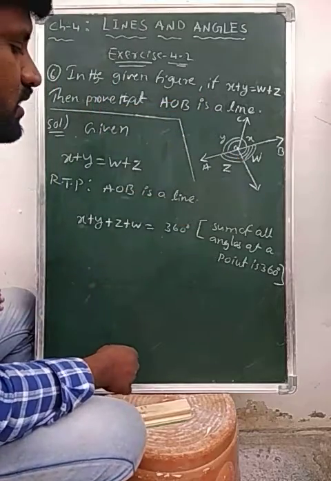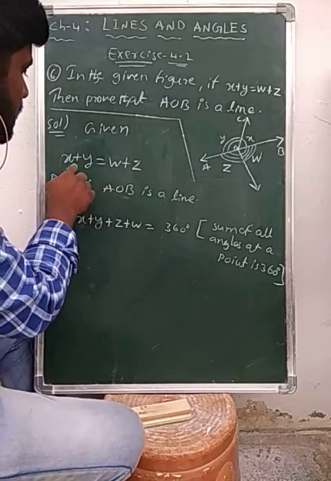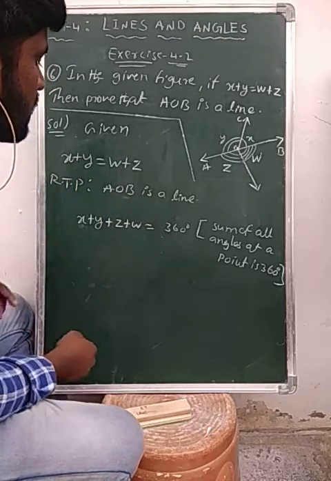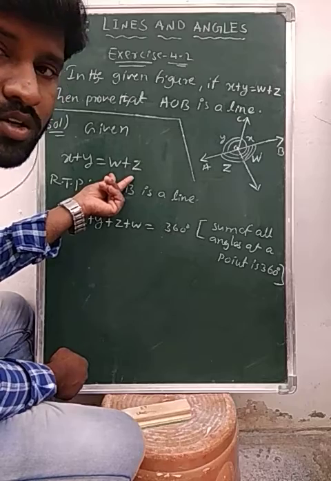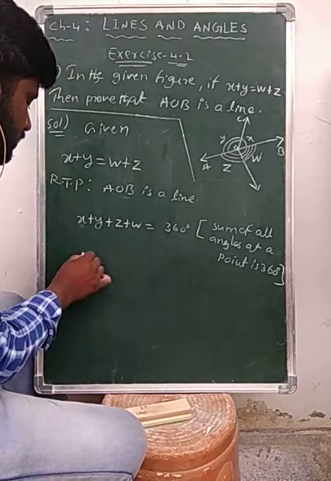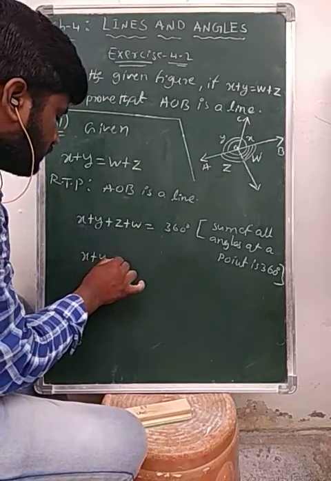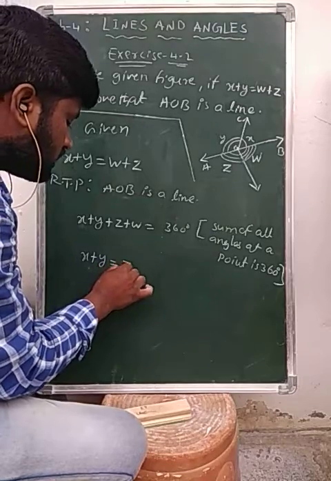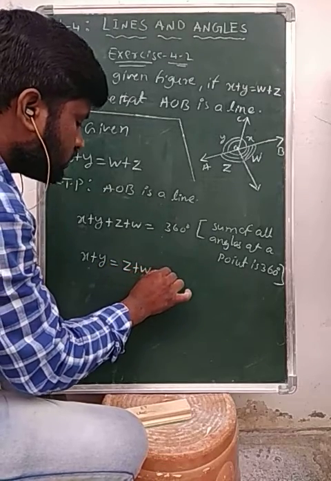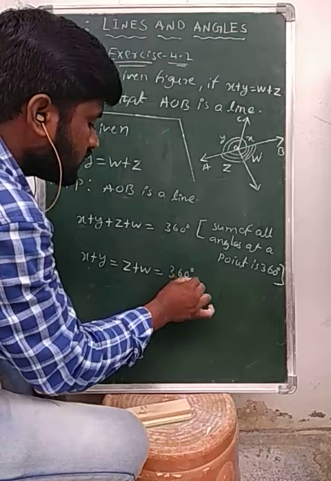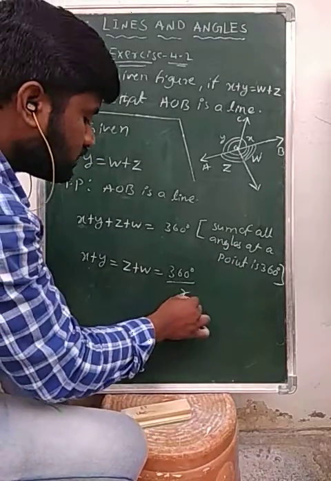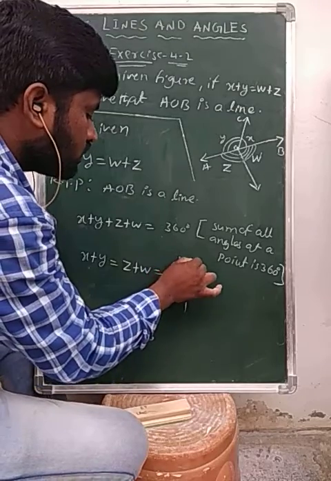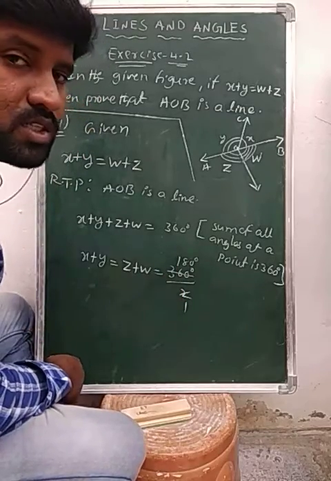But here it is given x plus y is equal to w plus z. So that is nothing but x plus y is equal to z plus w, which is 360 degrees by 2. That is nothing but two 180s are 360.